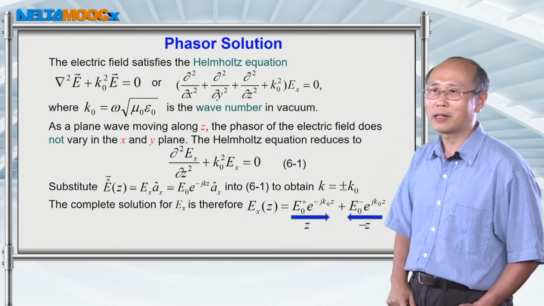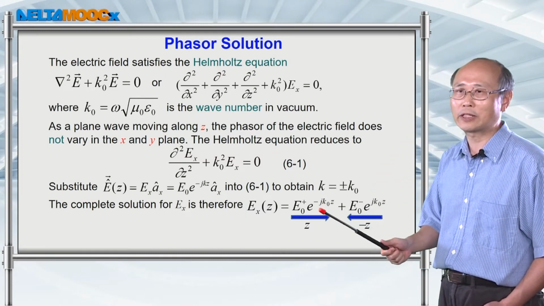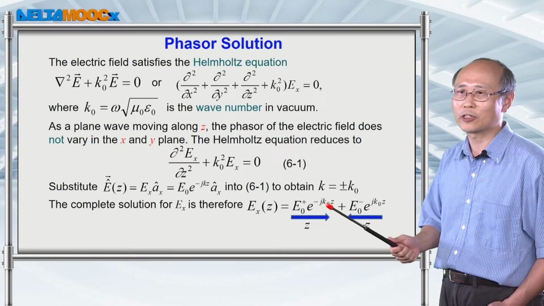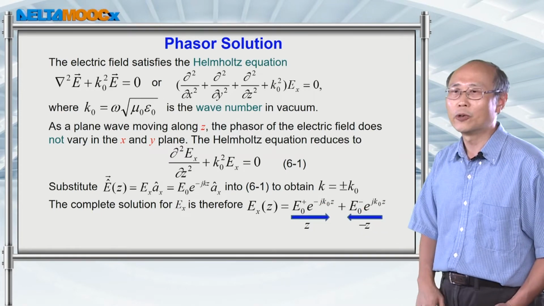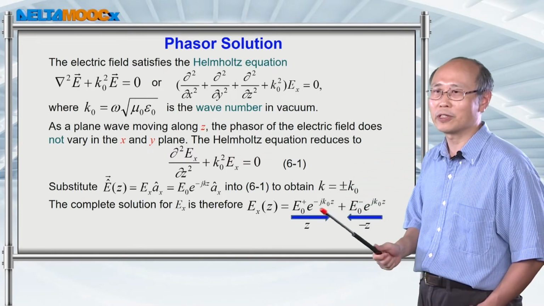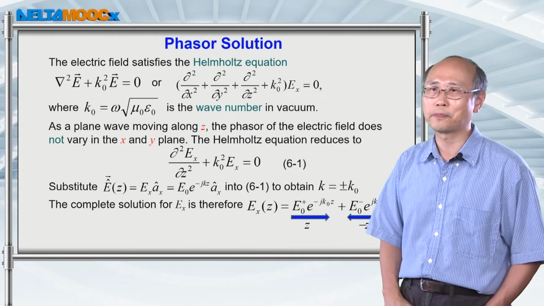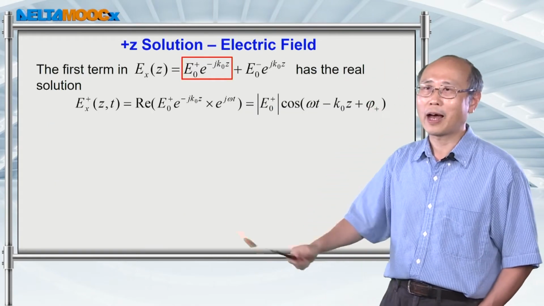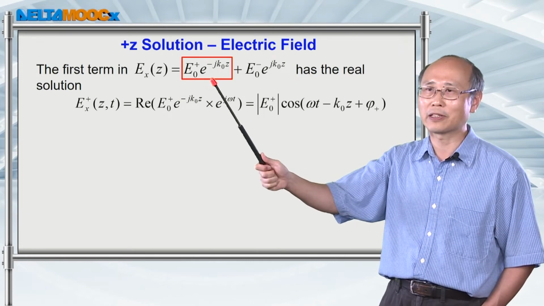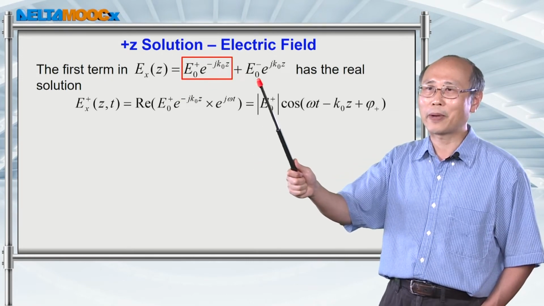And last time when we talked about lecture 5, I already told you that the sign before this j, this imaginary unit, will tell you the propagation direction of the wave. And we're going to see this for this wave in a moment. So think about that you pick up this first term for your analysis, and we'll come back to this second term later.